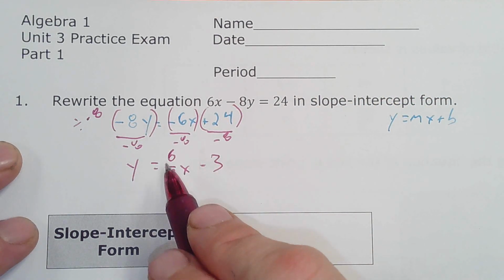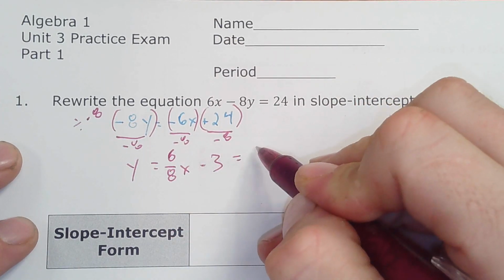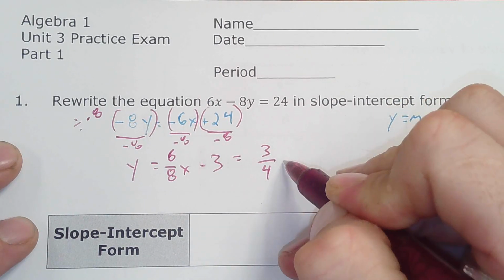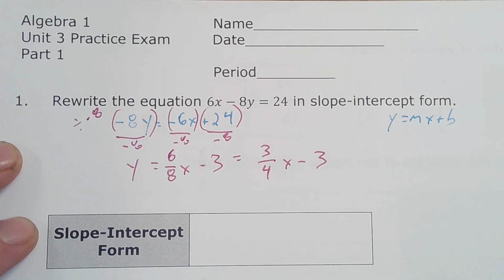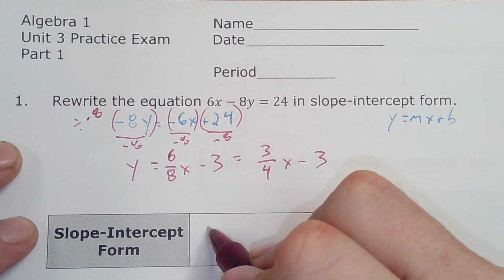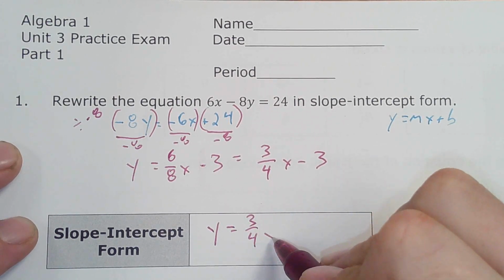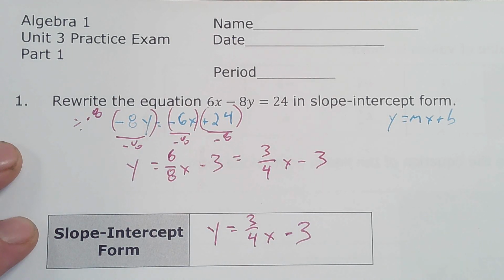Now this 6/8 is not reduced, so we can reduce it to 3/4. So our slope-intercept form, when it's all said and done, is y equals 3/4 x minus 3. And there you go, you're done with that one.